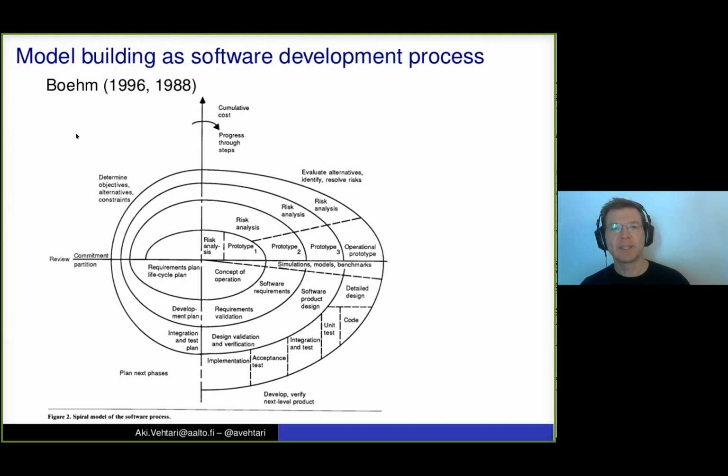One popular case, which also inspired many later refined approaches, is the Boehm spiral process, where the idea is that we can make software faster by starting with some prototype and then doing reviews, determining objectives, alternatives, constraints, evaluating, identifying and resolving risks, and then we come up with another prototype, and then another prototype.